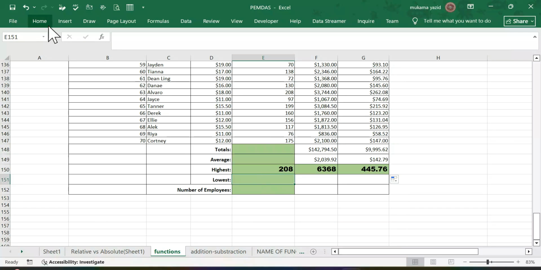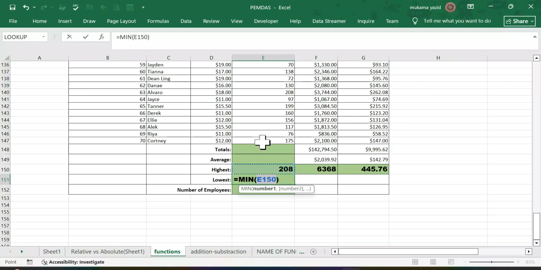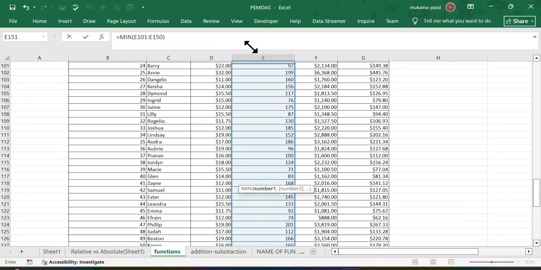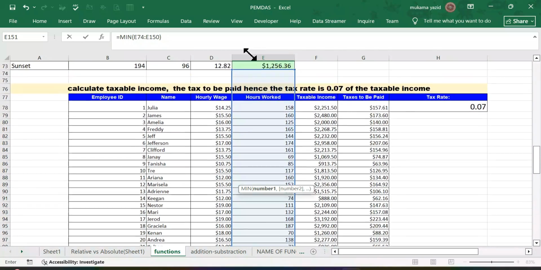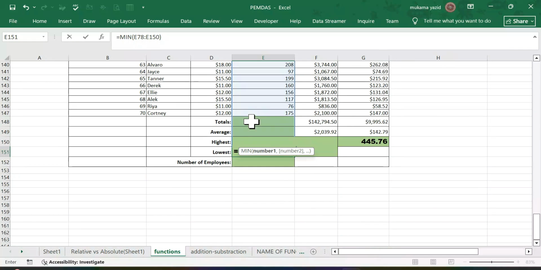Lowest, that is mean. Mean, we're going to select it up to here. Remember, we have to deselect downwards. Okay, you have to deselect this.